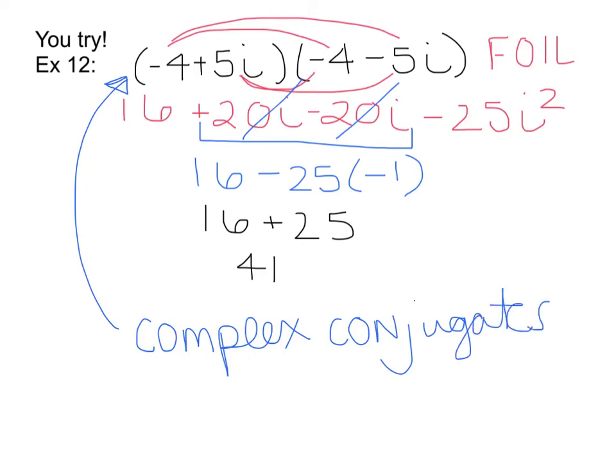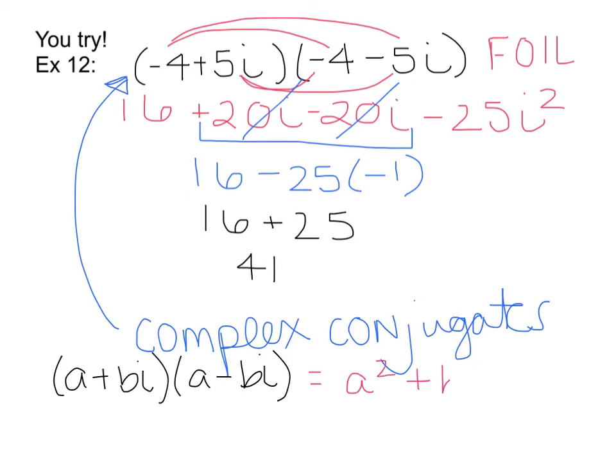A complex conjugate is a plus bi times a minus bi. Again, the real parts are the same. The imaginary part, one is positive and the other one is negative. When you're multiplying conjugates, you get to use a shortcut. You just square a and you add it to b squared. Okay? Every time they're conjugates, you are going to get a nice answer of just a number instead of a real part and an imaginary part.